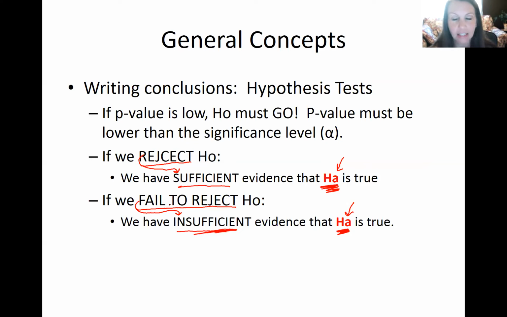Because they give you a ton of options, sometimes up to 8 different options to choose from on these conclusions, and they purposely word them to try to confuse you. They tweak things just a little bit that makes them not right. They'll switch out a sufficient for an insufficient, or they'll switch out the null hypothesis with the alternative hypothesis to make it slightly wrong.